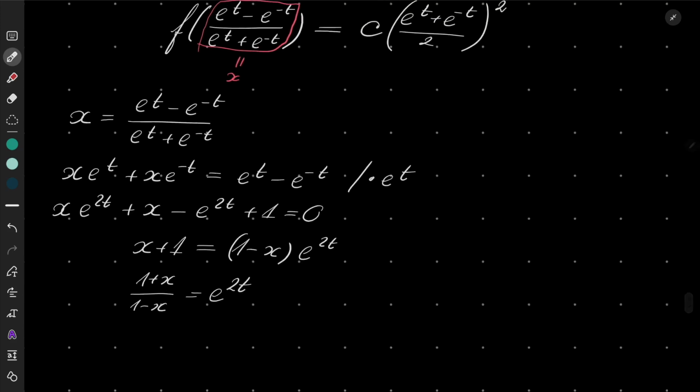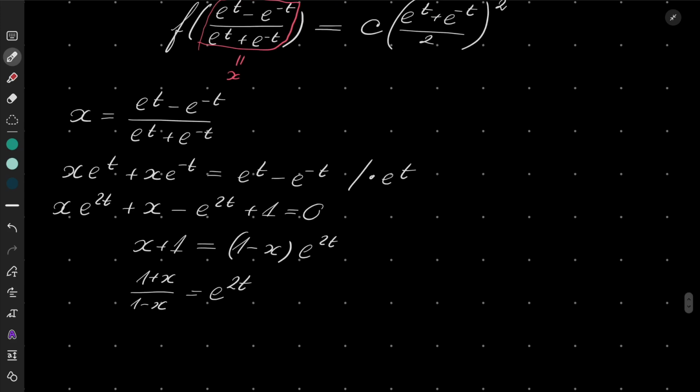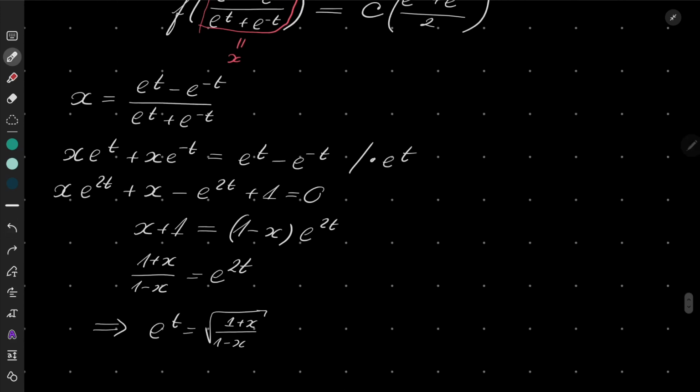And that means that e to the power of t equals the square root of 1 plus x over 1 minus x. Is it right? Yes, it is. Very well. So here is my formula for e to the power of t. Let's also notice that e to the power of minus t is just its inverse.